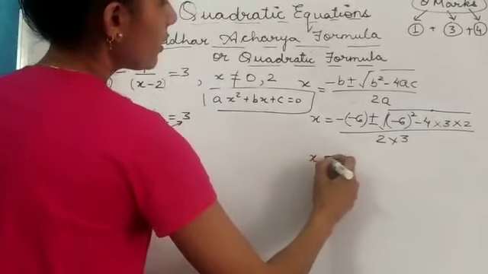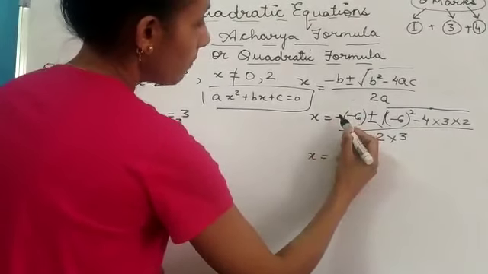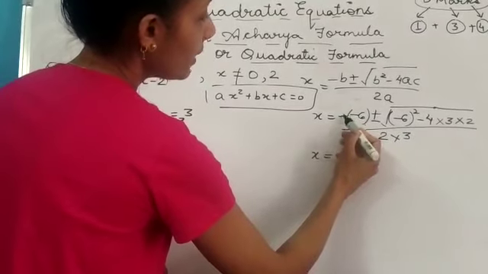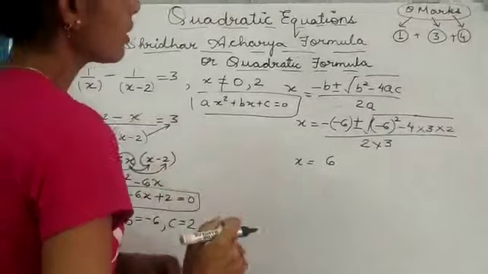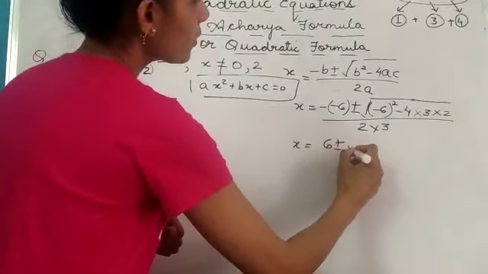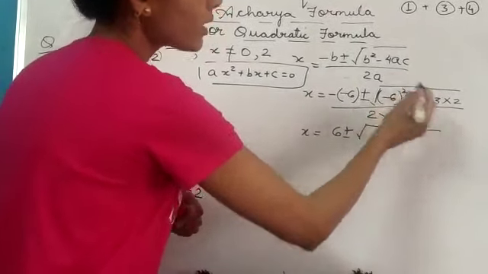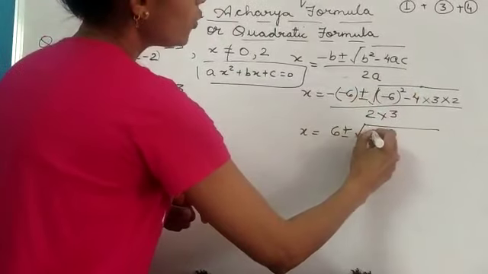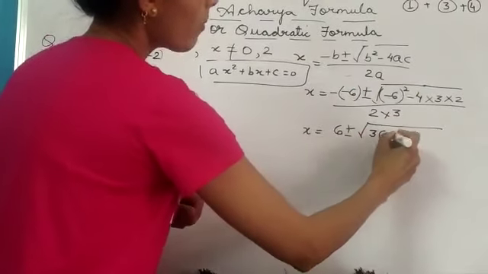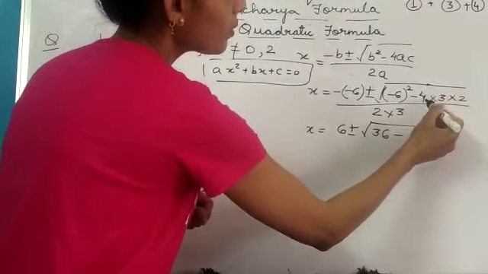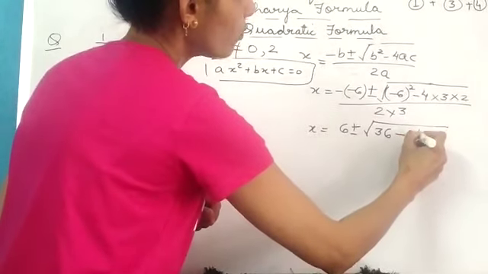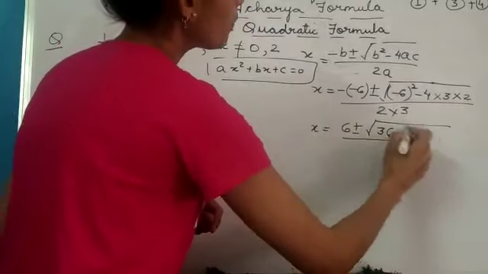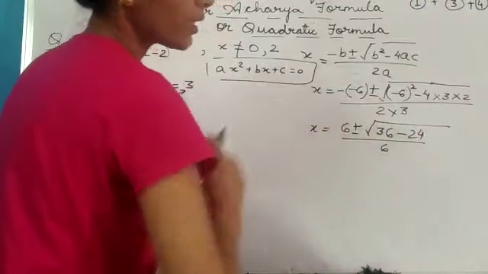Now you see, I can do this minus into minus 6 as I can write this as just 6 plus minus root minus 6 square will be just 36 minus, multiply these, 4 3s are 12, 12 2s are 24, whole upon 3 2s are 6.